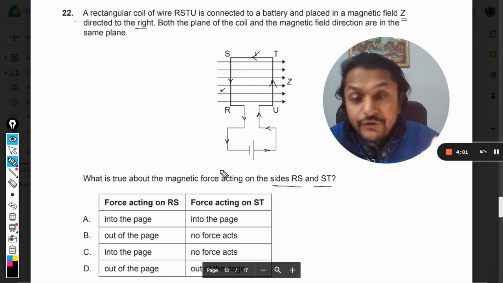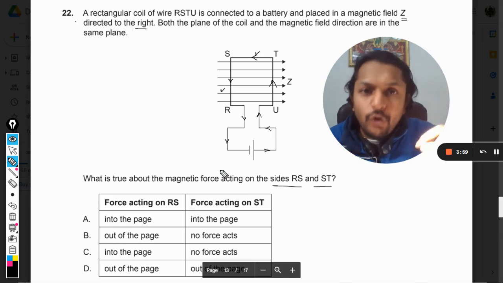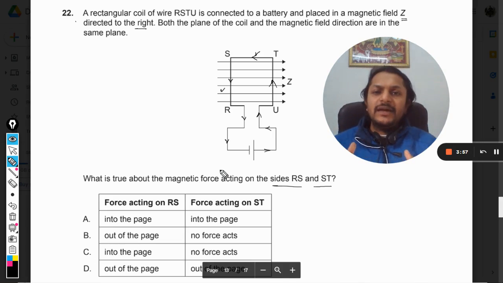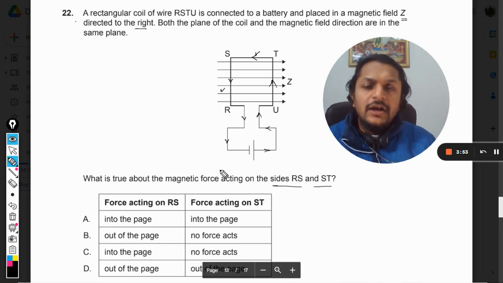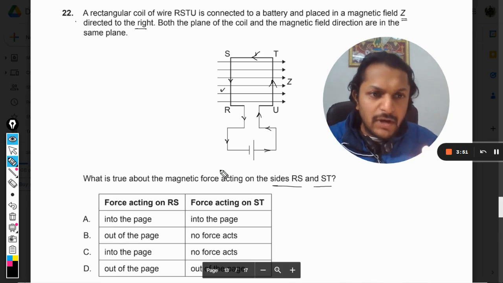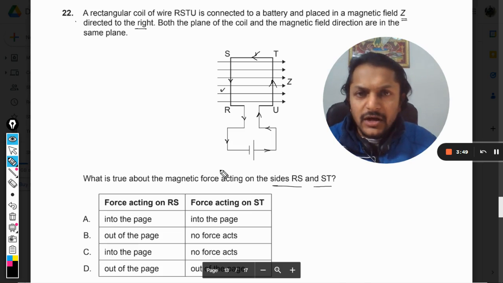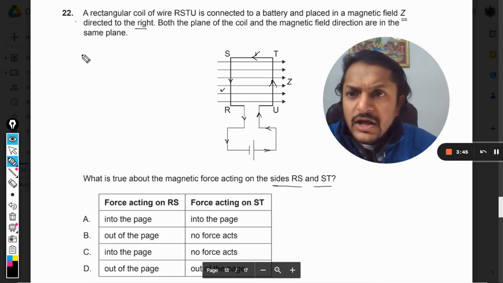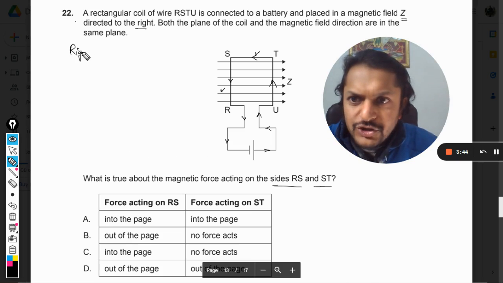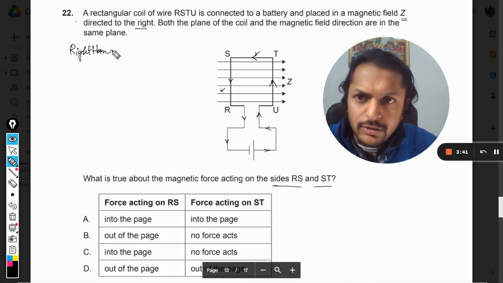Now we want to find the force that the magnetic field will be applying on the wire, and how do we do it? Well, as in many other videos I have given earlier also, I do not use Fleming's right hand or left hand rule. Instead of that, I prefer using right hand palm rule.